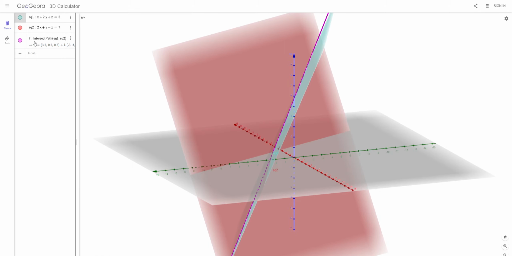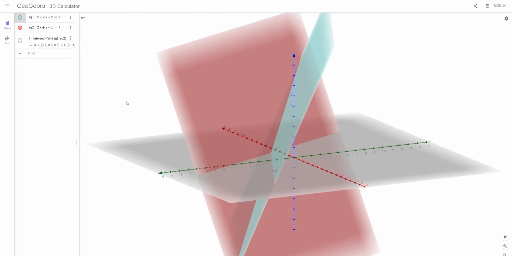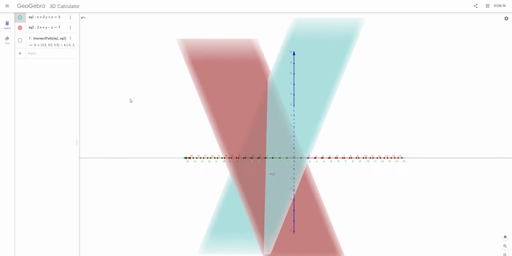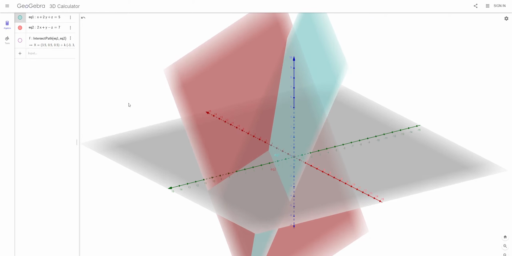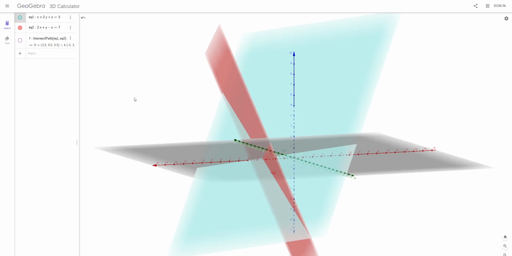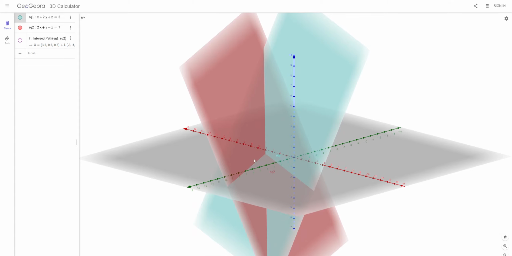So how do we get a hold of that intersection line? Well, one thing I'm going to notice here, and actually this will work with any of the coordinate planes in this case, is these two planes both intersect the xy plane, where z is equal to 0. If I just look at the intersection of each of these planes with the xy plane, that will give me two lines.